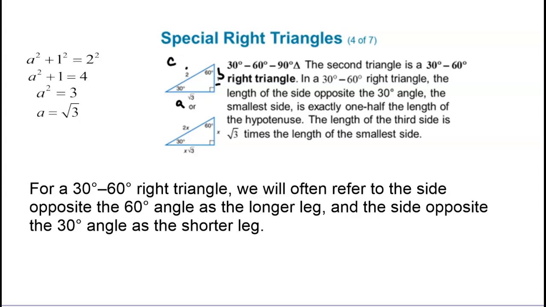And so going back and looking at the Pythagorean theorem and plugging in those numbers, we can see that if we're looking for A, so let's pretend we don't know that A is the square root of 3, but we're given the value of 1 for B, and we're given the value of 2 for C. Then when we square those, we get 1 squared is 1, 2 squared is 4, and we subtract 1 off of each side, and we get A squared equals 3.